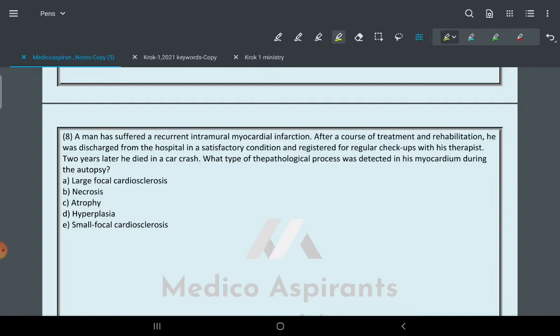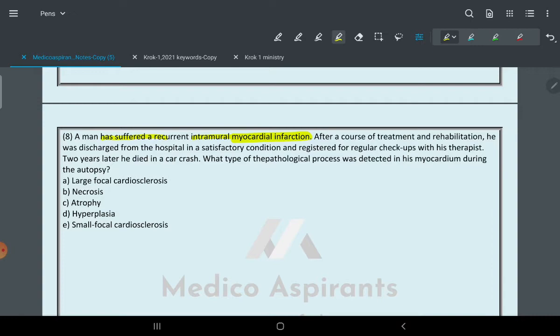What type of pathological process was detected in the myocardium during the autopsy? Now, what you have to keep in mind is that a man has suffered from intramural myocardial infarction.